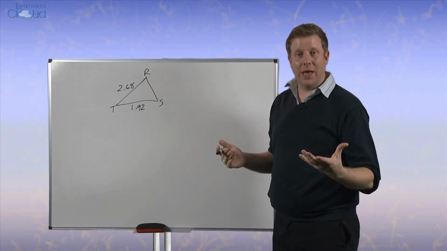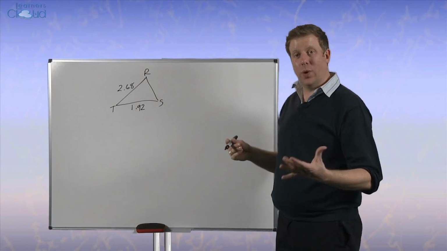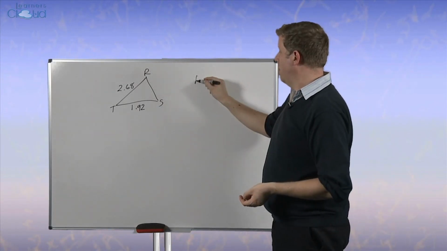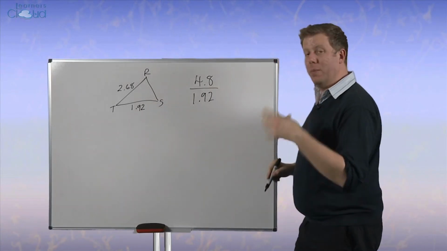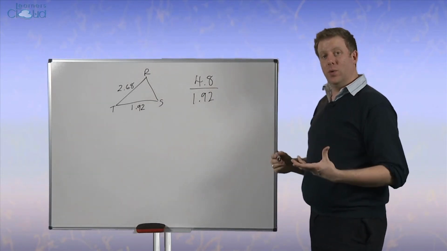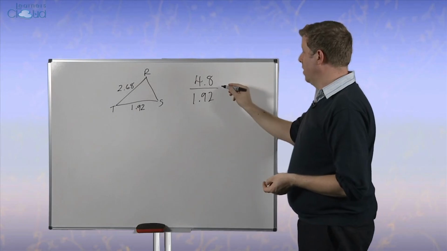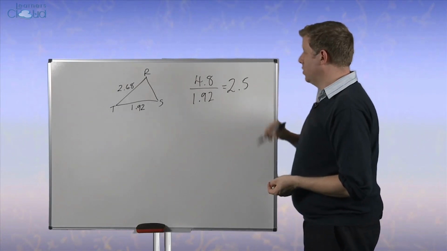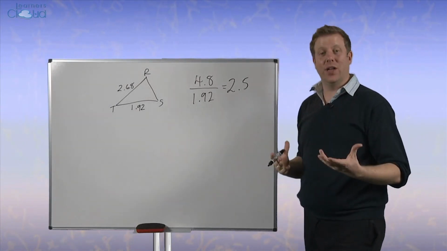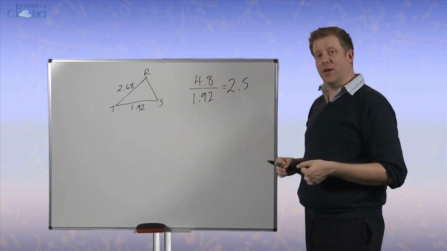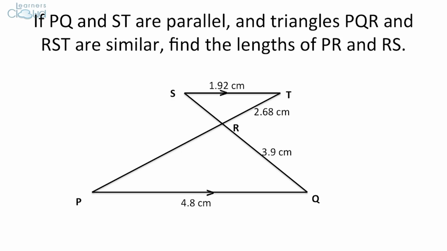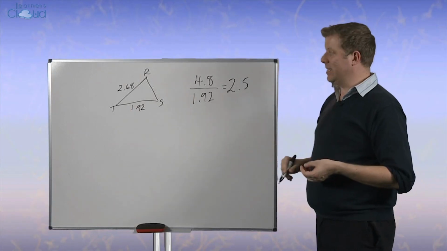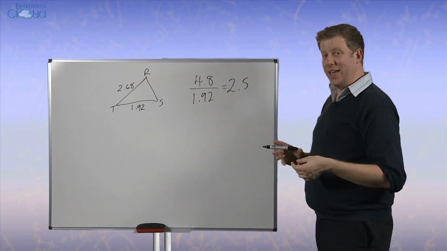Now you may not be able to see the relationship between the two straight away, so let's divide the two. 4.8 divided by 1.92, because remember the larger divided by the smaller will always tell us what that scale factor is, and it gives us 2.5. This would be a calculator question, so don't worry if you couldn't do that calculation in your head. So we now know that the larger triangle, PRQ, is 2.5 times as big as the triangle RST.